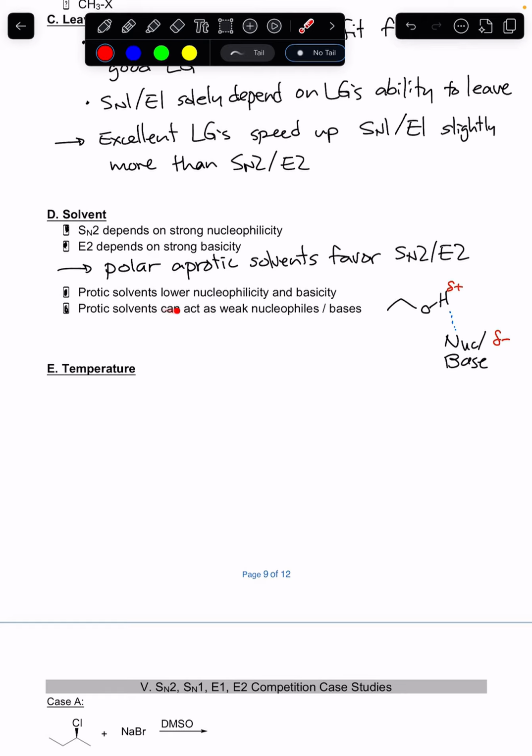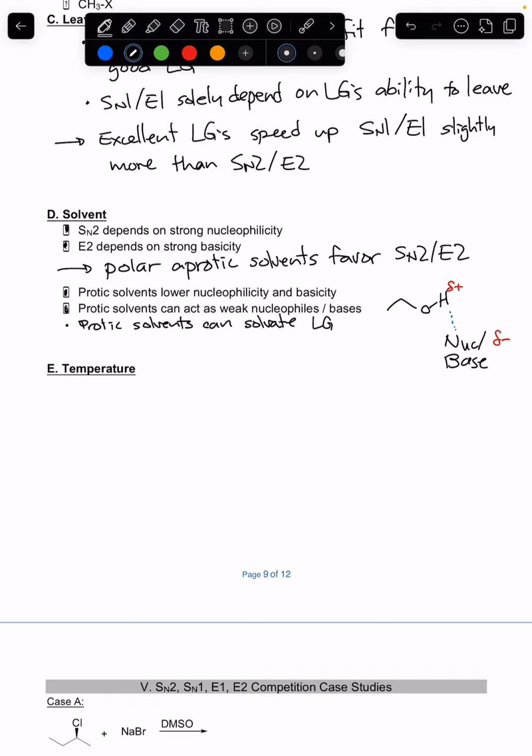Protic solvents can act as weak nucleophiles or bases, and also they can solvate. I didn't add this, but once the leaving group leaves, it can be solvated by the protic solvents.